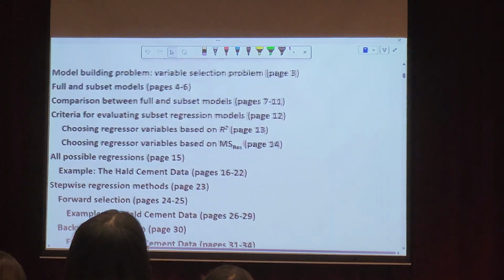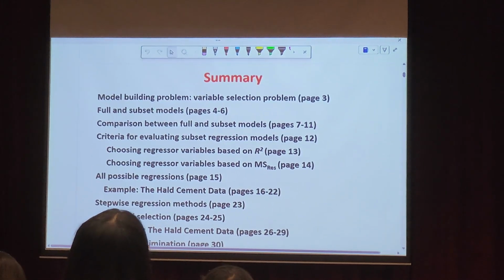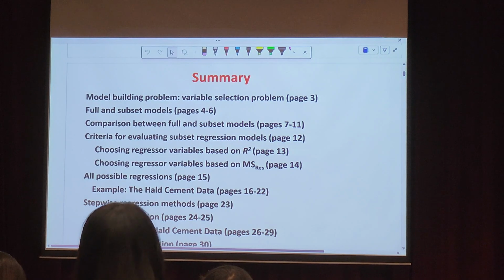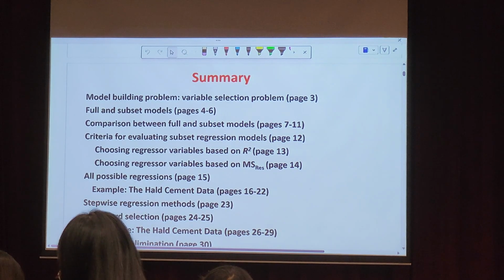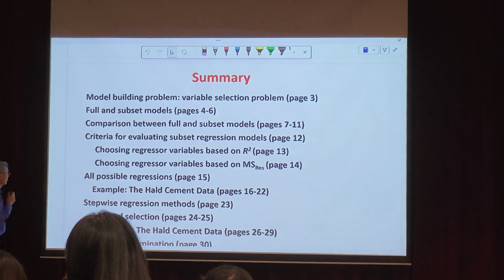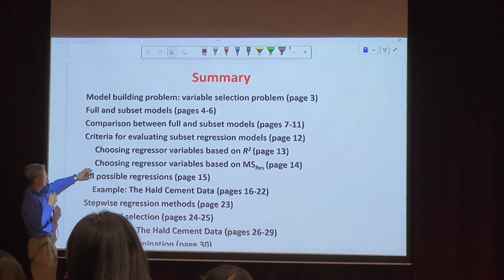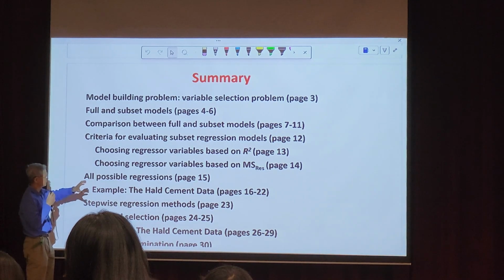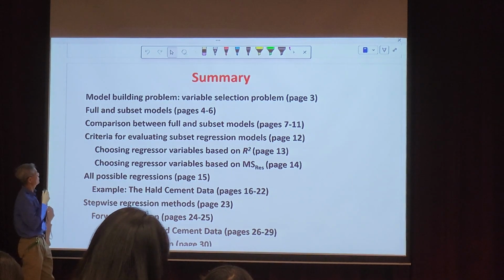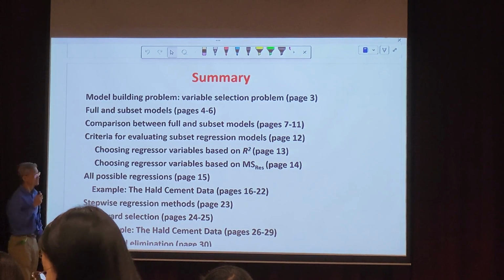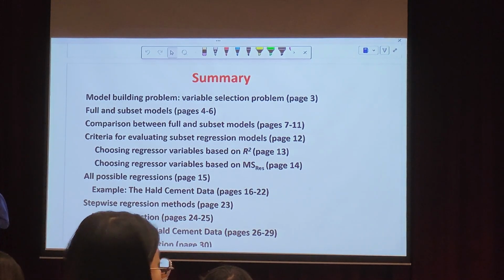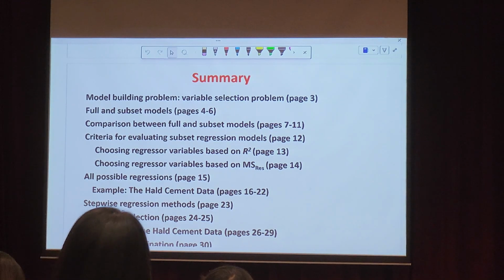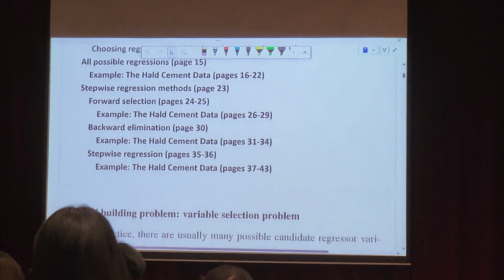So, in this chapter, we talk about model building, the variable selection problem. Before we go on to the few methods that will help us select a subset of the variables, we need to do some study. Some of these are theoretical knowledge that will be useful for us.